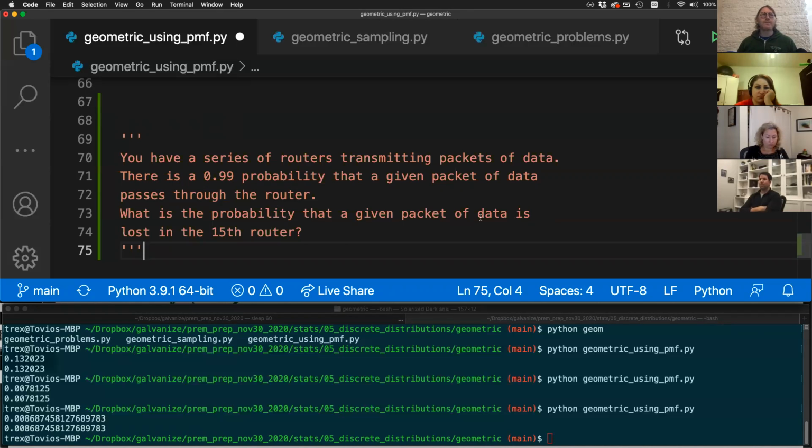We're more likely to ask the sort of question that is, what is the probability that a given packet of data will pass successfully through 14 routers?